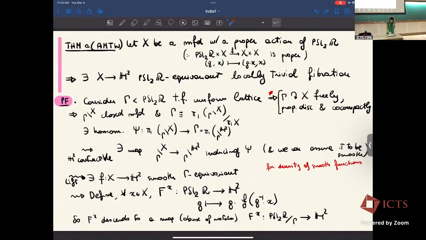So here you start with this manifold that has this proper action of PSL2R, and then you just have a projection, and it is not using anything.